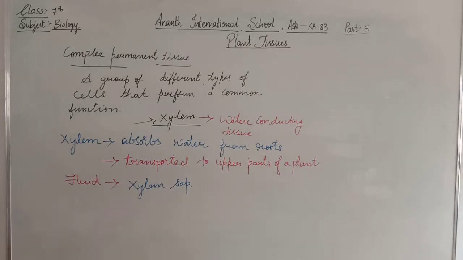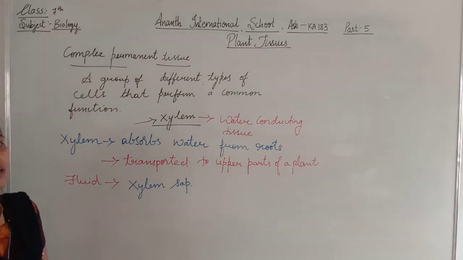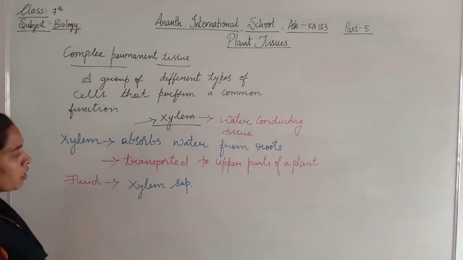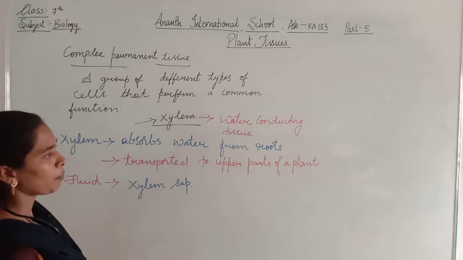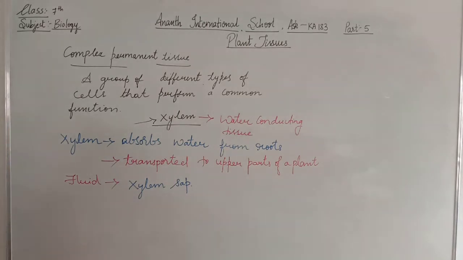How will the water flow? As we know, a river's streams take diversions here and there. But here, the water is transported from the roots to the upper parts in one direction. So in the xylem tissue, the water flows in a unidirectional way.